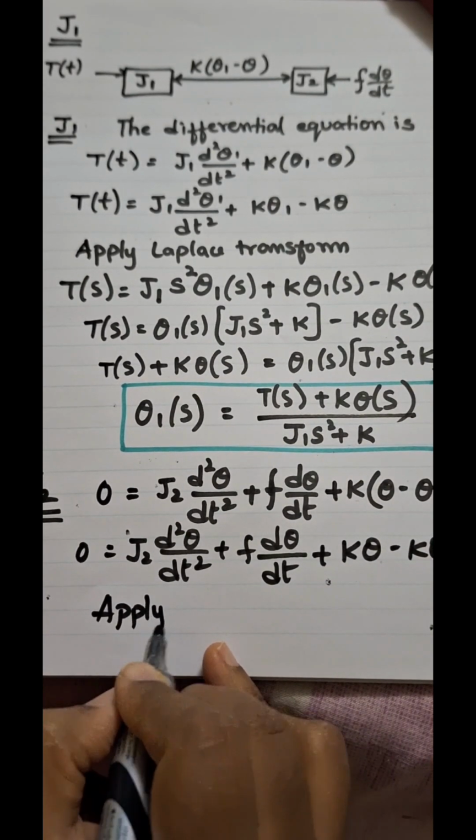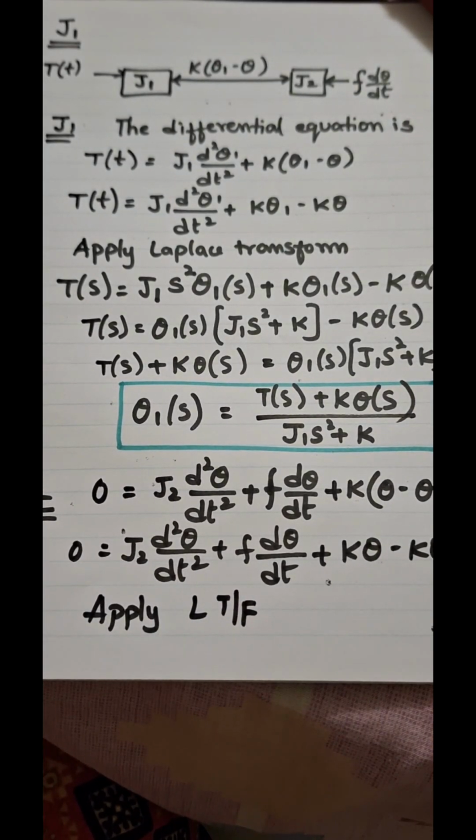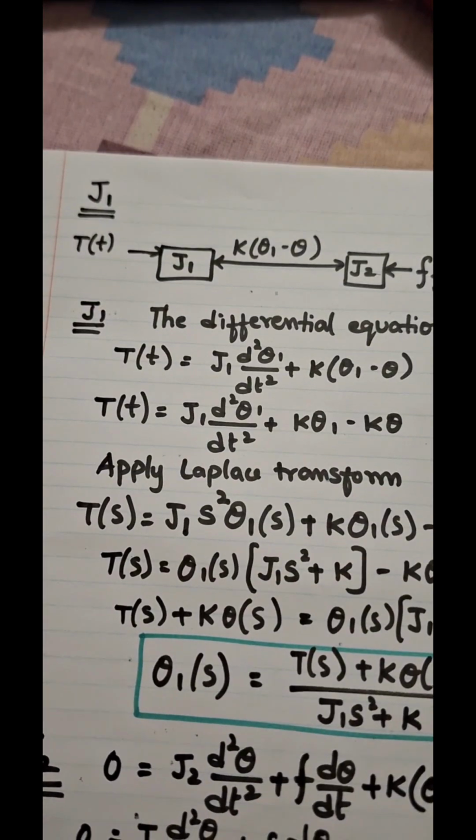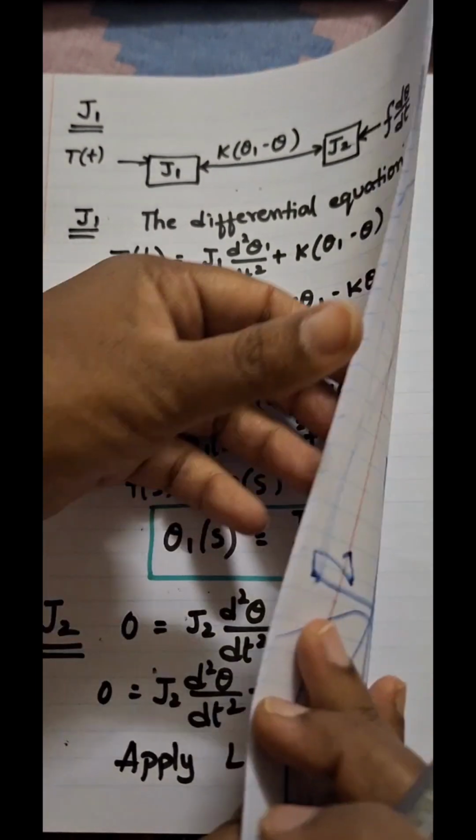So apply Laplace transform. If you apply Laplace transform, what happens? Now 0 will be 0 only, J2 will be J2. So let me write the Laplace transform.